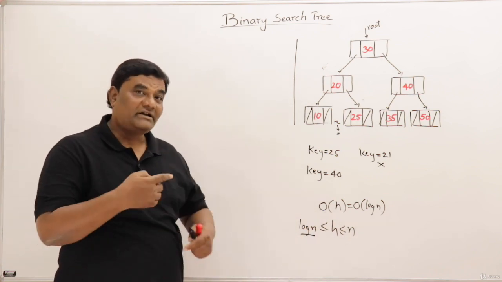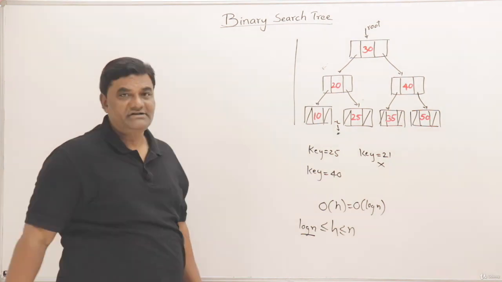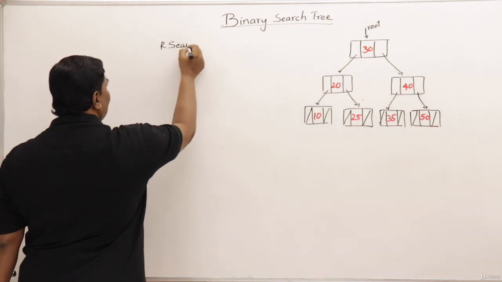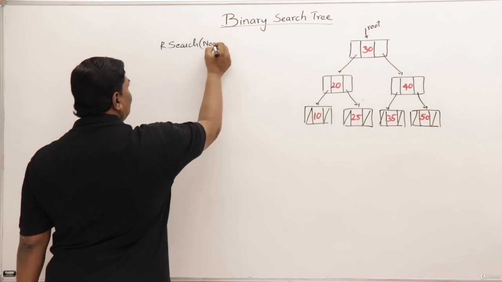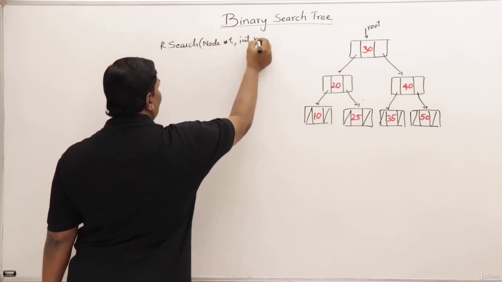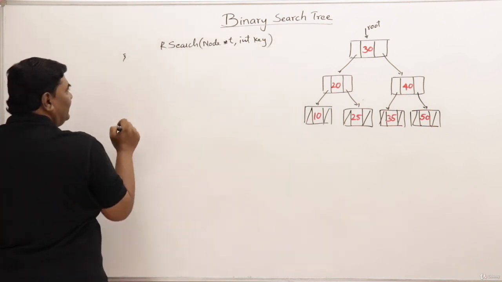Next, I will write down a recursive procedure for performing search in binary search tree. Function name is rsearch, recursive search, which takes pointer to a node, call it t, and the key element that we want to search. What it will return, I will write at the end.